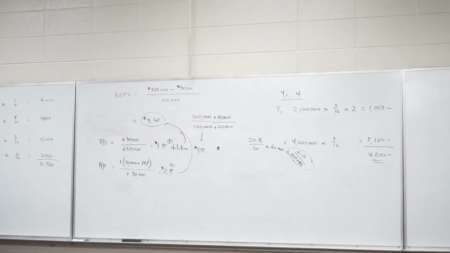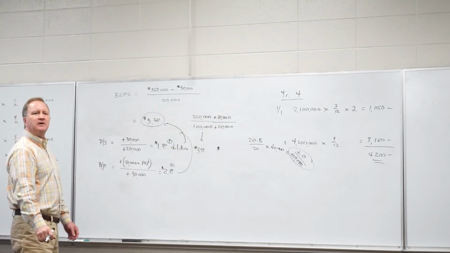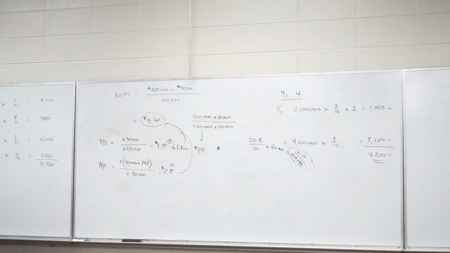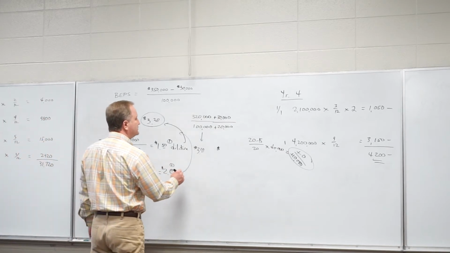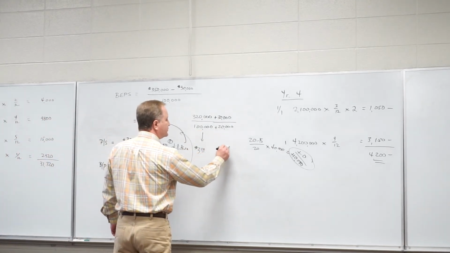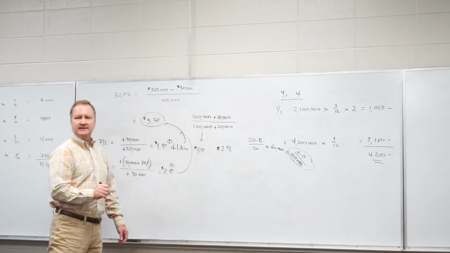I get 2.91. I rounded. So that is 2.916. Are you sure? So round up to 2.92. Okay, so this is 2.92, but that's still less than 3.20.